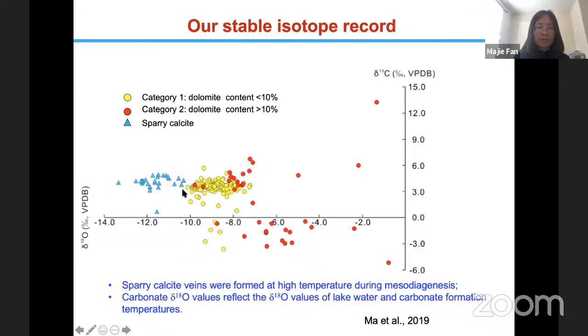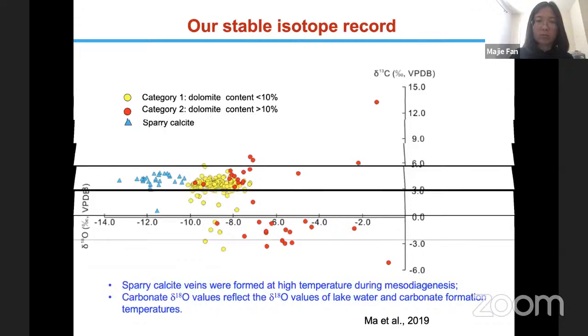This group of data shows up to 3 per mil of variation for the delta O18 value. These two groups, category 1 and category 2, are original carbonate, and their delta O18 value should reflect the delta O18 value of the lake water and also the carbonate formation temperatures.